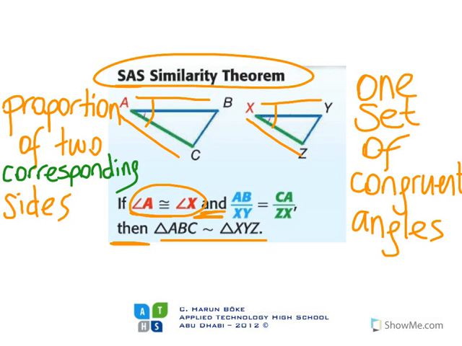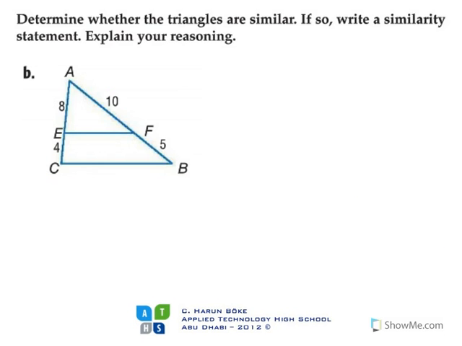So let's see some examples. Okay, here the question is, determine the similar triangles. Write a similarity statement and explain your reasoning. Now we are going to find one set of congruent angles and then a proportion of the arms of those angles. So let's start.